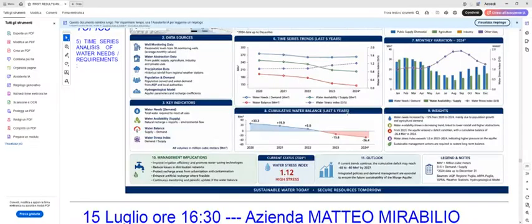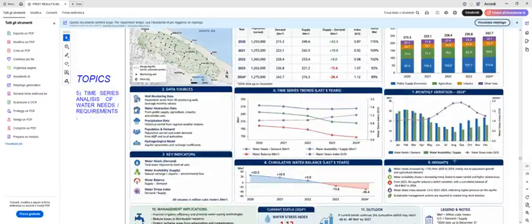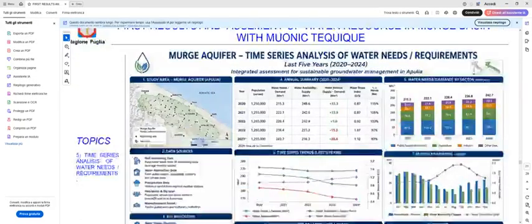Management application: improve irrigation efficiency and promote water saving technologies, reduce loss in the distribution network, protect the recharge areas from urbanization and contamination, continuous monitoring and periodic update. You can see also the variation in the month of 24.